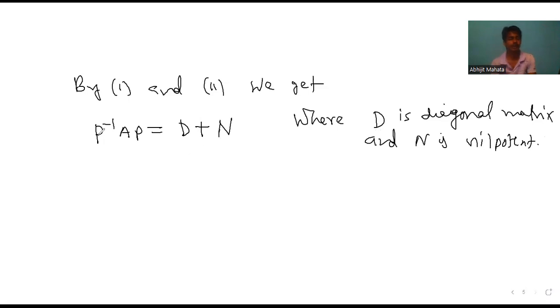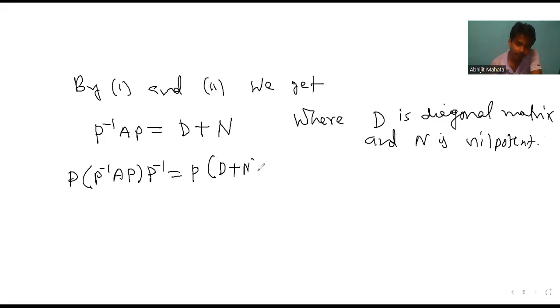So far it is clear. Now if we multiply both sides from the left by P and from the right by P inverse, we apply the distributive property of matrix multiplication.